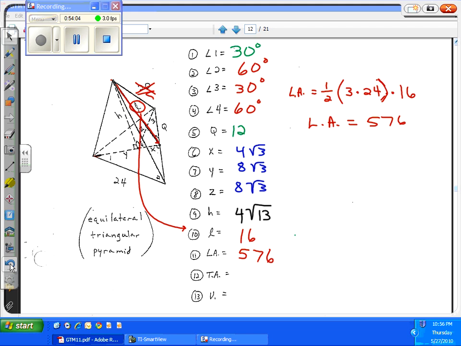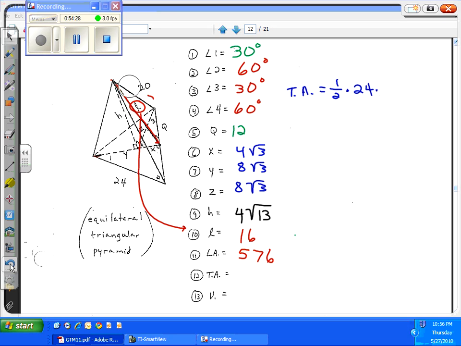Okay? Total area. To get the total area, add the area of the bottom. The bottom is a triangle. Every triangle is 1/2 the base times the height. The base is 24.